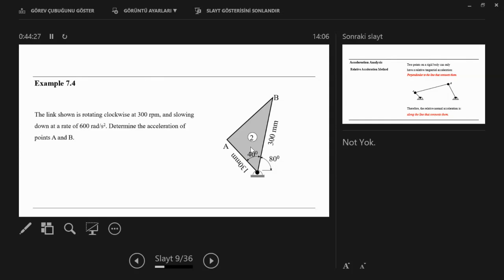That is the angular acceleration. So determine the acceleration of the points A and B.